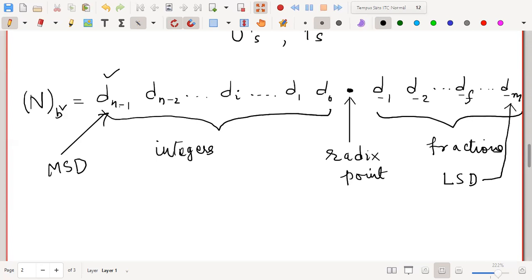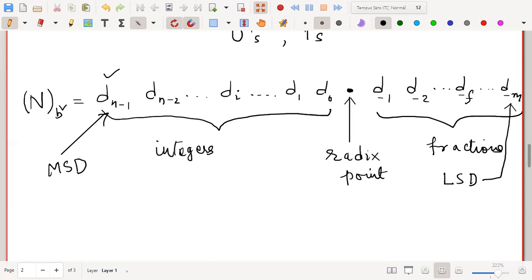The n represents the number of digits in the integer portion, and the m represents the number of digits in the fractional portion. Fine. So in general, this is the general representation of any kind of number system.